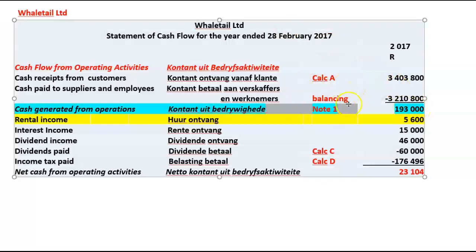And now you can use this cash paid to suppliers and employees as the balancing figure. If I told you that you are not allowed to use it as a balancing figure, what would you have done?